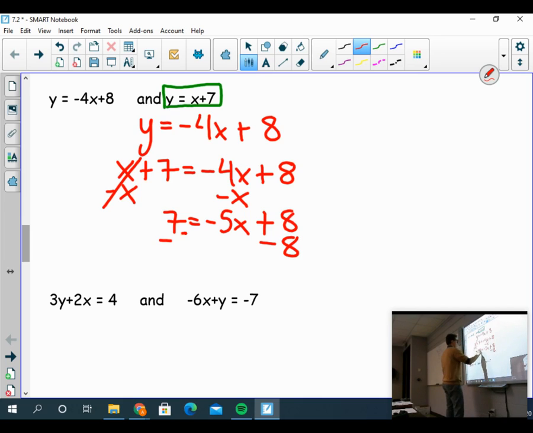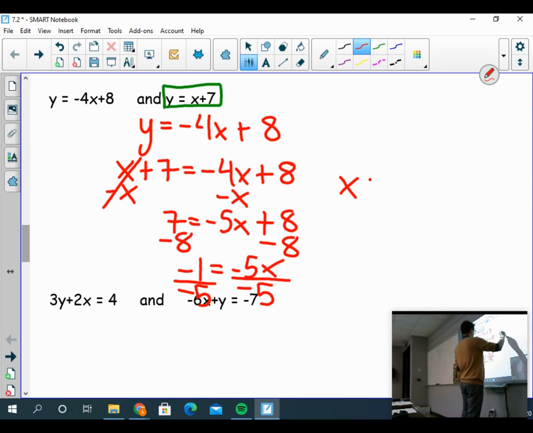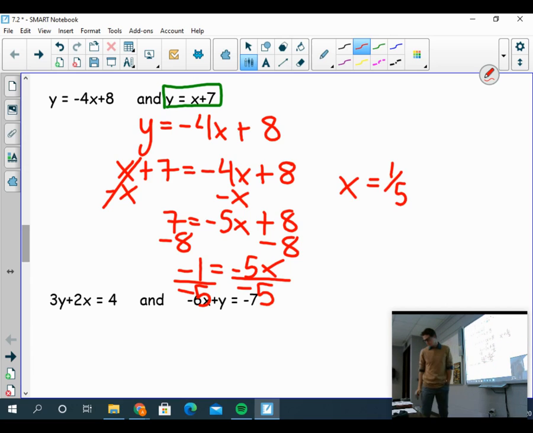Subtract 8 from both sides, and I get negative 1 equals negative 5x. Divide both sides by negative 5, and I get x equals 1/5. Okay? x equals 1/5.